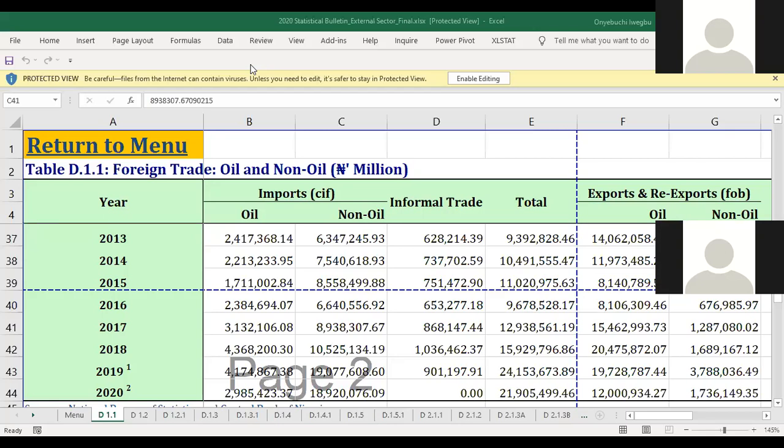I think there is a little decline when we go to 2020 as against 2019. And so there's a larger contrast between the oil transactions and non-oil transactions. That's what I can see. Okay.